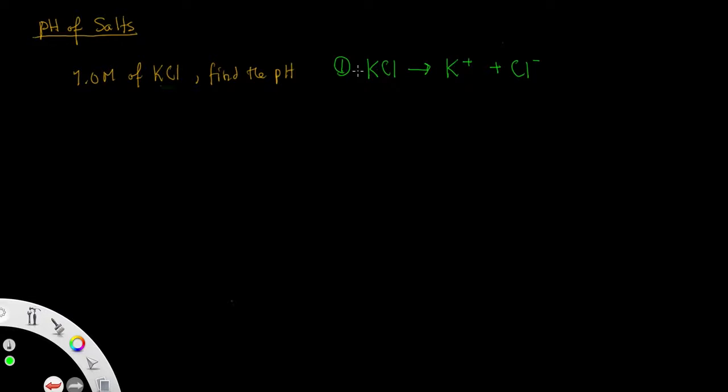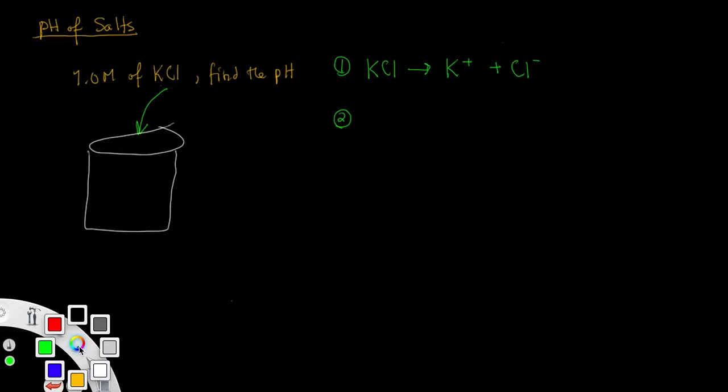The second step that we should follow is we should take each of these ions and add water to it. Because we should make the assumption that if we have a salt and we put it in a beaker filled with water, which has a pH of 7, keep in mind, water has a pH of 7.